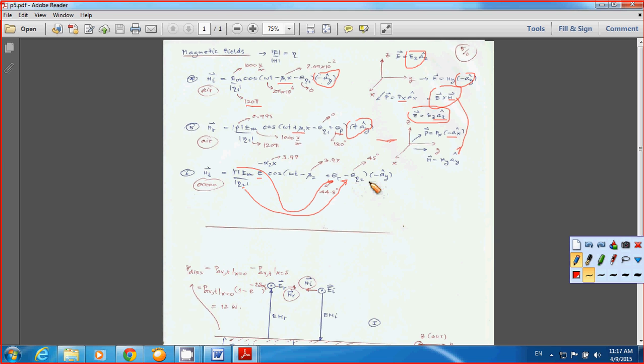And the direction of HT is still in the direction of negative AY, same as HI, right? Okay, so this is how you come up with our field equations.